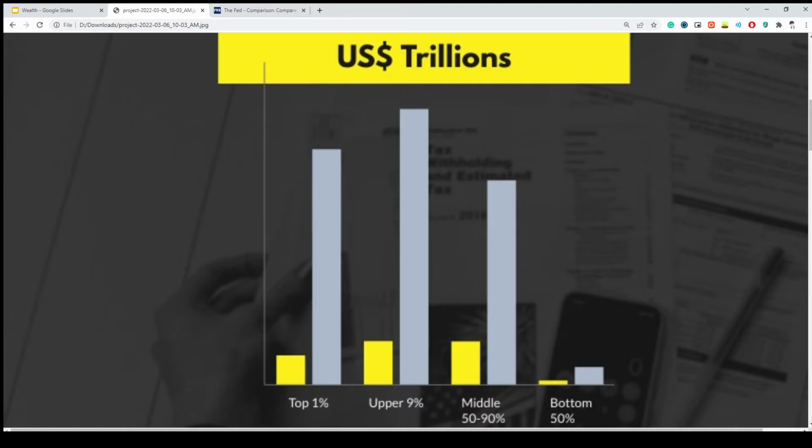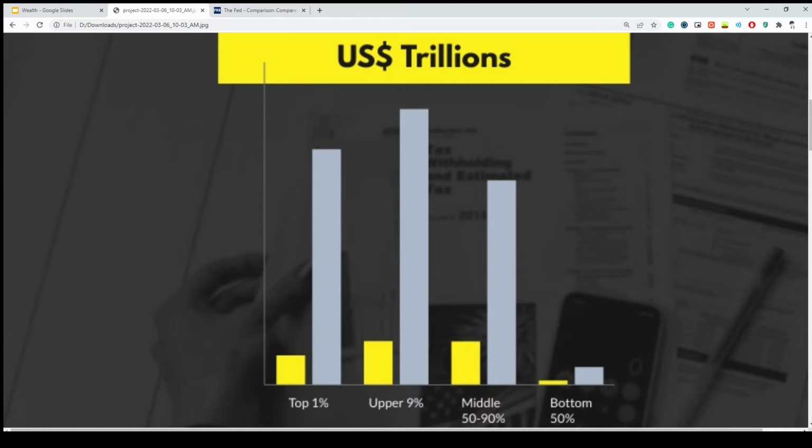Let's first talk about how much wealth these classes have by looking at the dollar amount. Looking at this graph, the yellow bar represents 1991 wealth, whereas the gray bar represents the 2021 household wealth from the Federal Reserve. I couldn't fit the numbers on the y-axis, but I hope you can see the inequality.